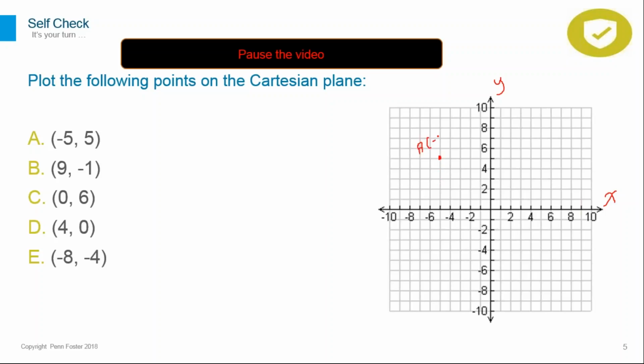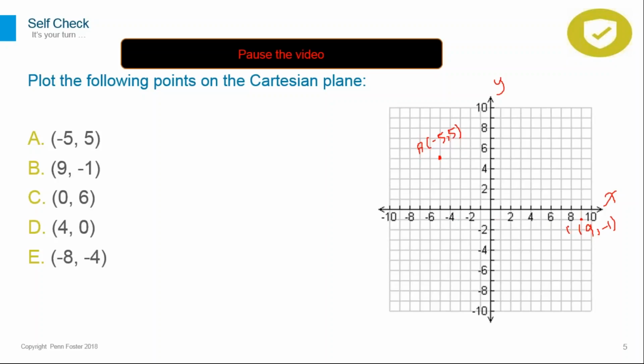A is -5 and 5. B, 9 and -1. 9 would be to the right of the x-axis because it's a positive value, and then you go down 1 point. And simply write the coordinates 9 and -1.